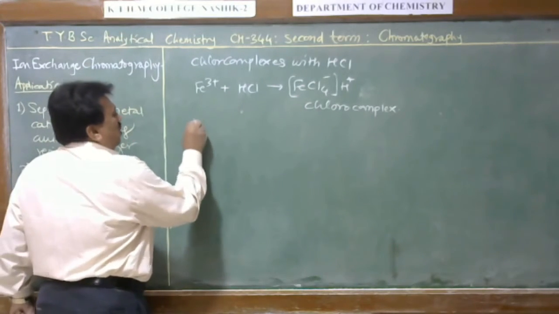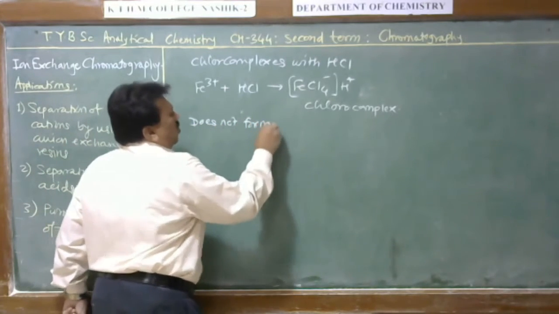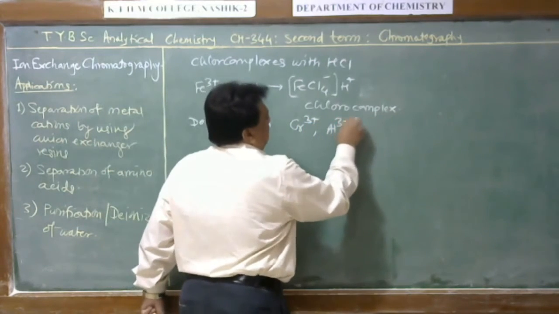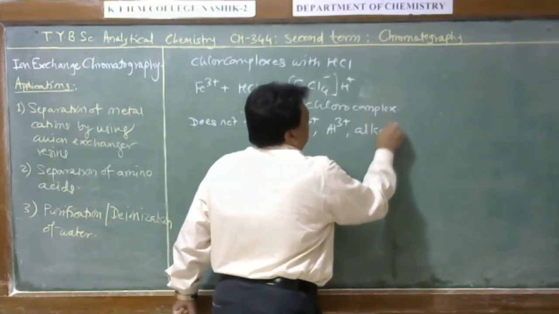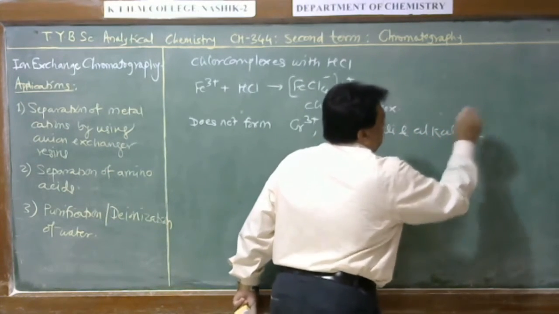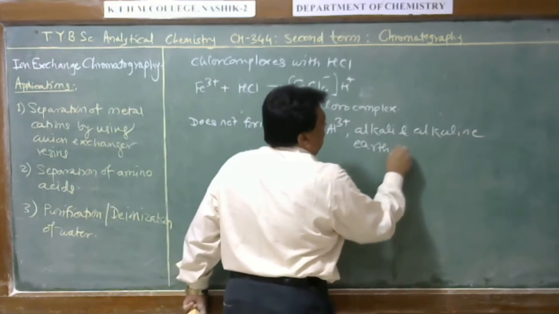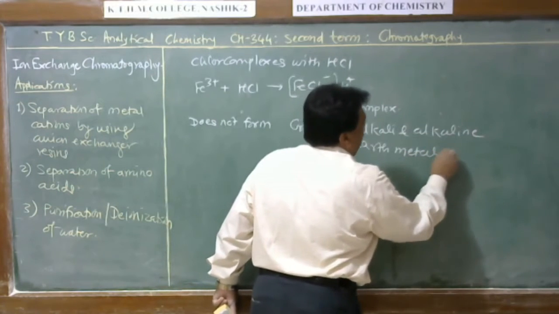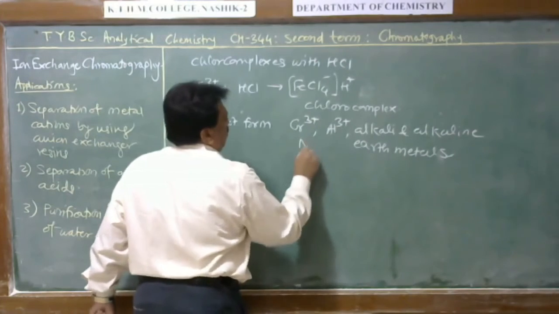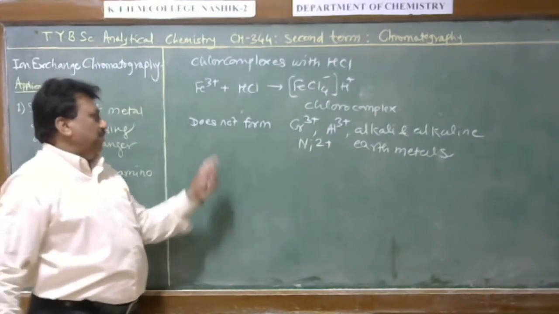Hydrochloric acid does not form the chloro complex with chromium 3+, then Al3+, then alkali and alkaline earth metals. Alkali and alkaline earth metals do not form chloro complexes, and nickel also does not form a chloro complex.